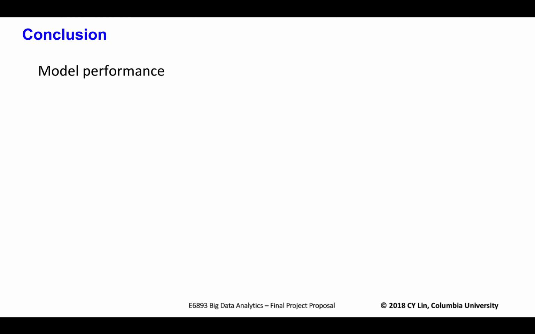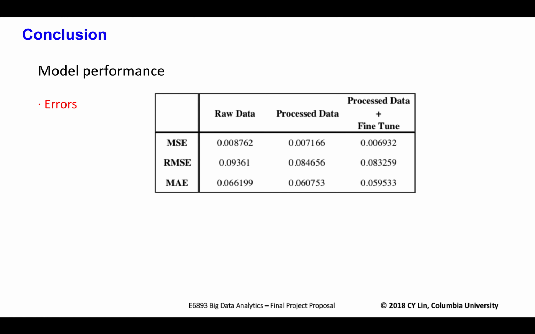About the model performance, first are the errors. The table lists the MSE, RMSE, and MAE of the prediction using raw data, processed data, and processed data with fine-tuning. Considering that MAE is the standard of the Kaggle competition, we choose MAE as the error rate, and we can get the prediction accuracy of our project, which is about 94.1%.